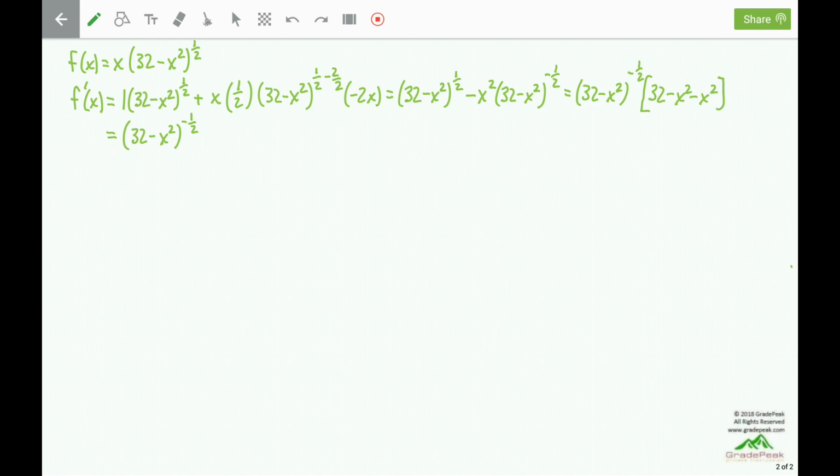We can combine like terms together inside the square brackets and turn them into parentheses. We have a 32 minus x squared minus another x squared, which will be a minus 2x squared. We want all powers to be positive, so the -1/2 power can move to the denominator to become a positive 1/2 power.